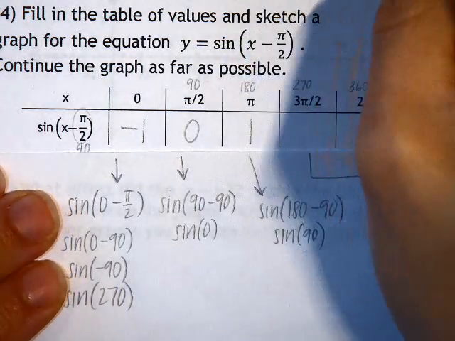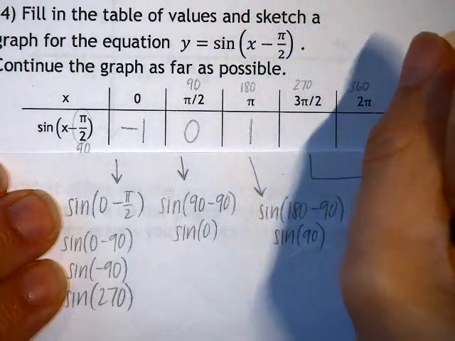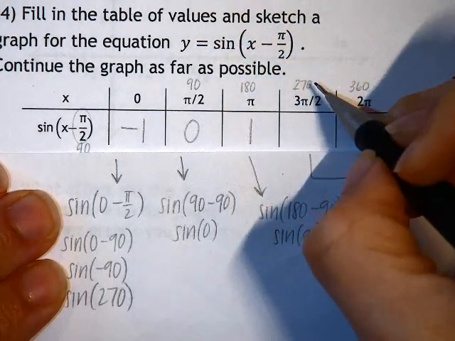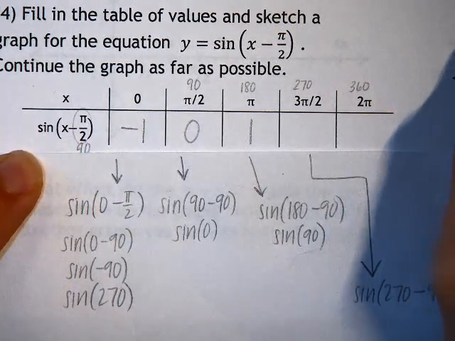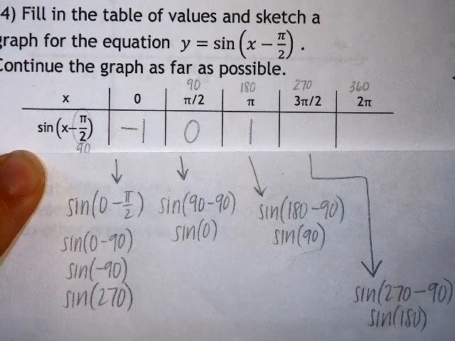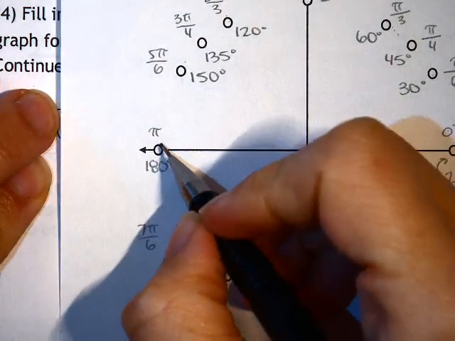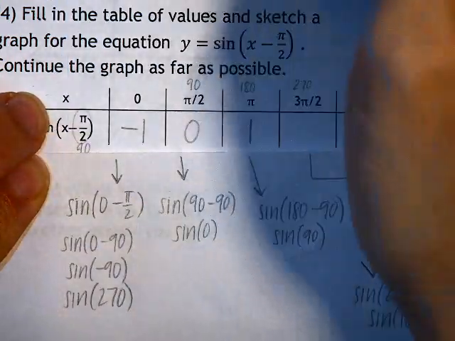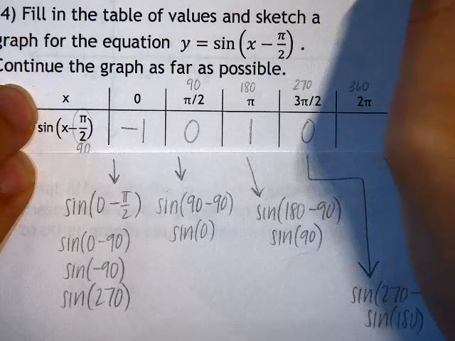Then I'll keep going, kind of running out of space here, but hopefully you can follow my logic. Sine of x in this one is 270 minus the original 90 from the equation. 270 minus 90 is 180. So that's a nice familiar number again. Sine, or height at 180, is 0. And then, of course, the last one, 2 pi, is 360.